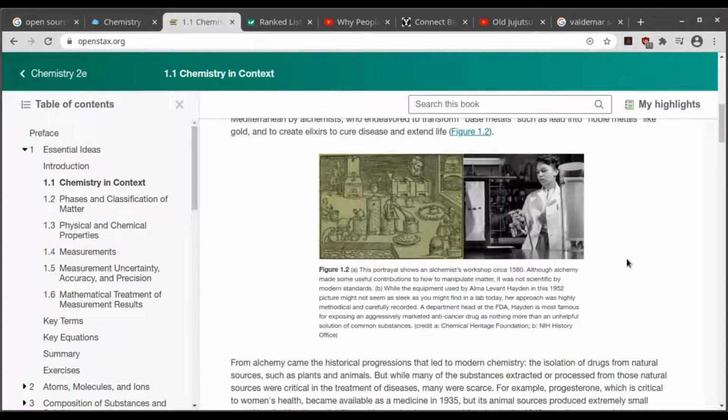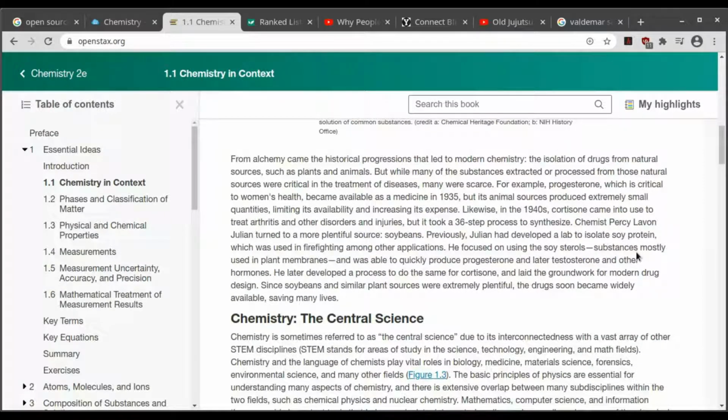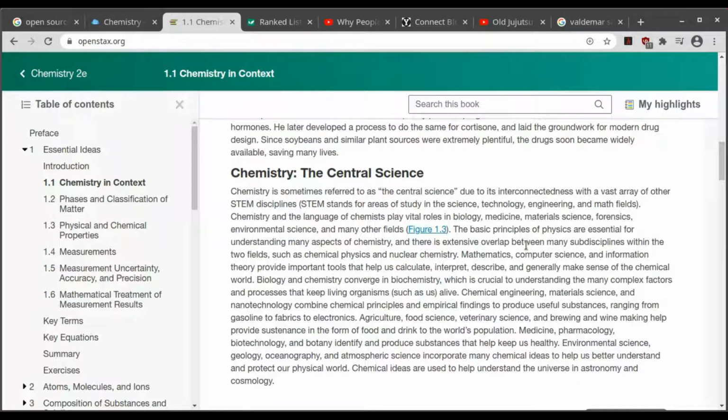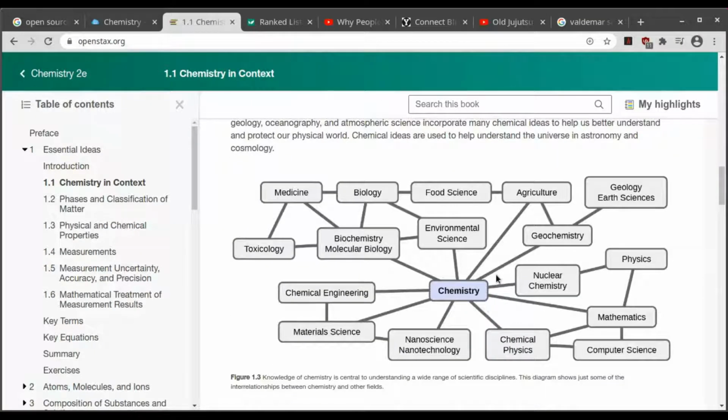Nothing really important here. I mean, it's important, but it's not anything you're going to be tested on, but it's just talking about how chemistry is connected to chemical engineering, environmental science, biochemistry, geochemistry, eventually medicine. That's why pre-med majors and nursing majors have to take chemistry, chemical physics, all sorts of things.